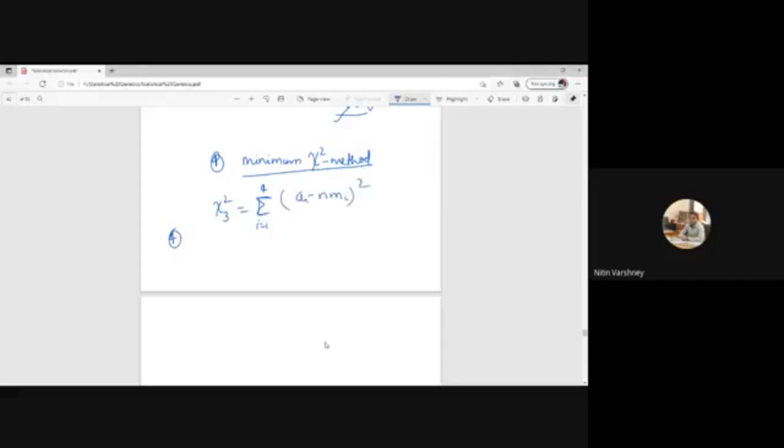This is the observed frequency, and this is the expected frequency, nmi. Same formula we are using, (Oi minus Ei) whole square upon Ei. So this is observed frequency and this is our expected frequency.